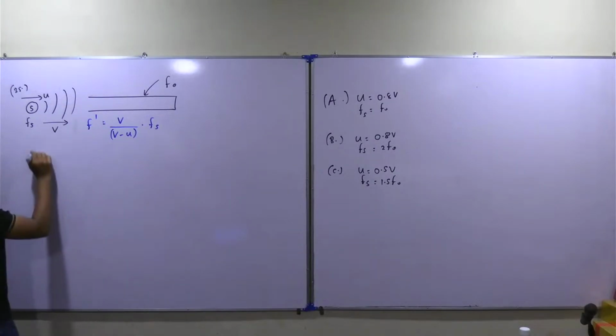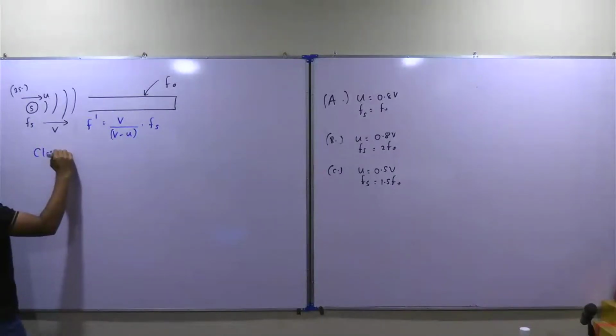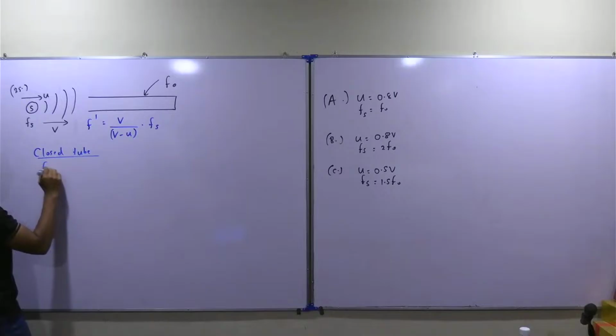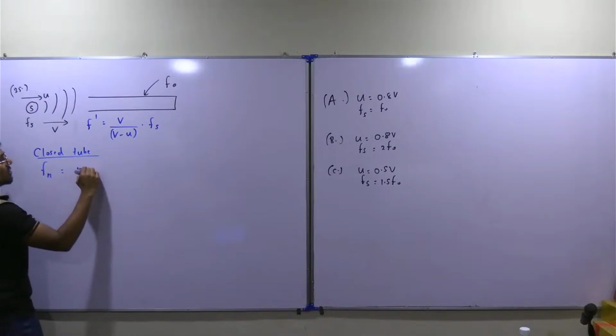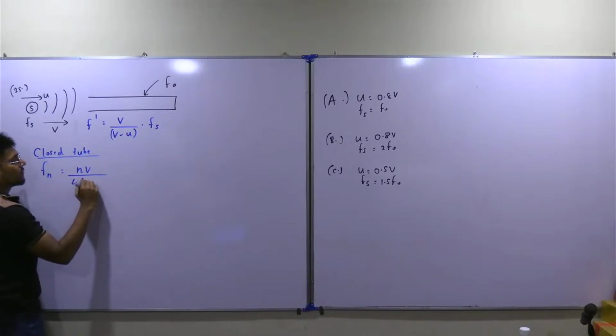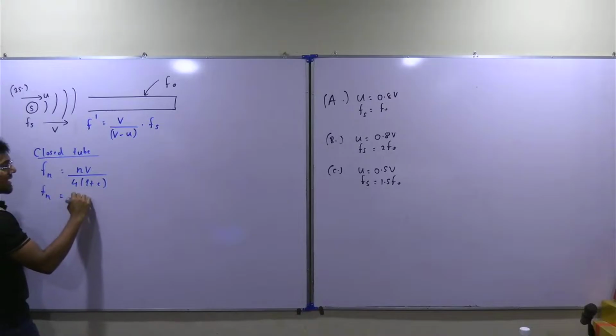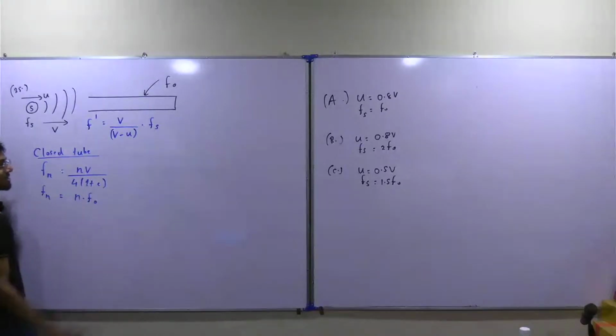Can you remember for a closed tube, the frequency of the nth harmonic is how much? nv over 4 times (L plus C). Or you can also write the frequency of the nth harmonic as n times the fundamental frequency. Let's say the fundamental frequency is f naught.